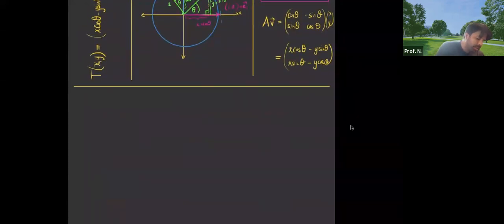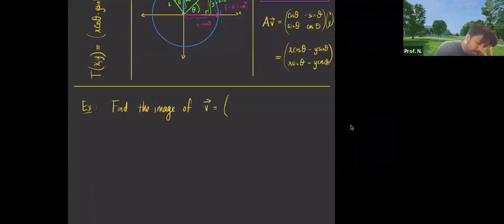Okay, so let's use this as an example. Find the image of the vector (2, 3) under a rotation of pi/6 radians about the origin.